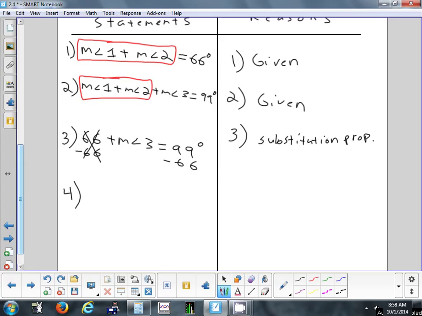And somebody else tell me, well, Owen, what's the name of that property? Subtraction. A little bit more. Subtraction of equality. Subtraction property of equality. Good. Subtraction property of equality. Make sure you write it that way on the test.